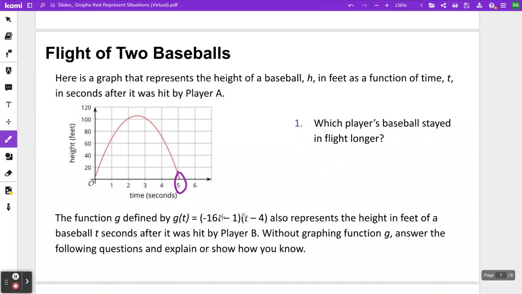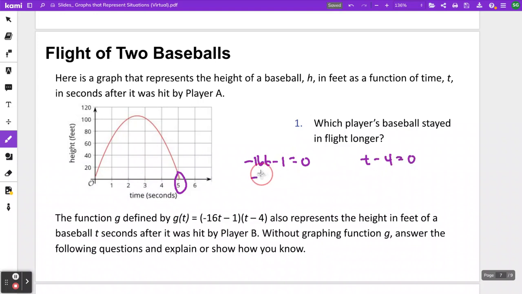For this equation, I don't have a graph, so I have to use what I know about quadratic equations. If I wanted to find the x-intercepts of this equation, what do I need to do? Well, it's in factored form, and that's perfect for x-intercepts. We just need to set each part equal to 0. So I'm solving negative 16t minus 1 equals 0, and I'm solving t minus 4 equals 0.